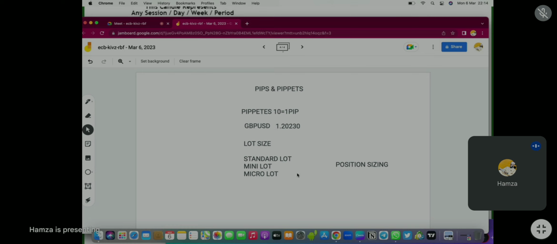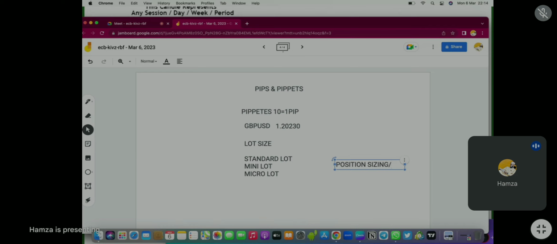So we have standard lots, mini lots, and micro lots. All of these things add up to help you when you are sizing your positions. Listen, just because someone is using a private jet when traveling doesn't mean you will also use a private jet.